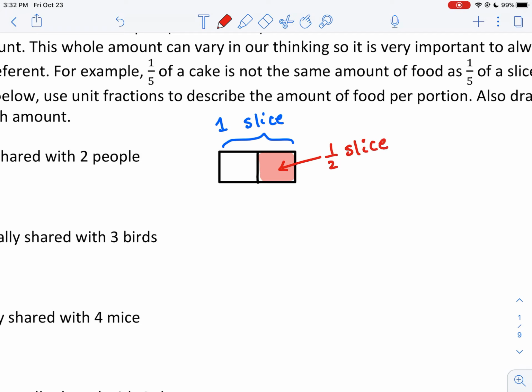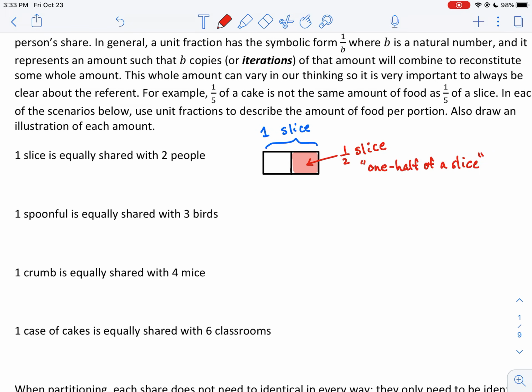And it would be tempting, if we were to follow the 1 over 5 means 1/5, to say 1 over 2 should be 1/2 something like this, but no one says that. So when you say this, you want to say 1/2 of a slice. So the 1 over 2 unit fraction is read as 1/2.